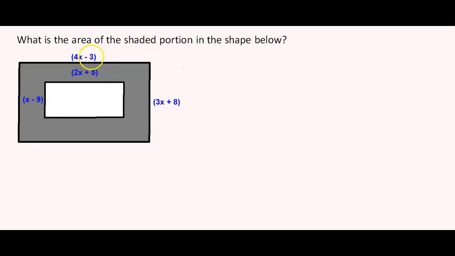So we have two rectangles. The first thing we're going to do is to find the area of the larger rectangle. So the area of the large rectangle is going to be 4x minus 3 multiplied by 3x plus 8.